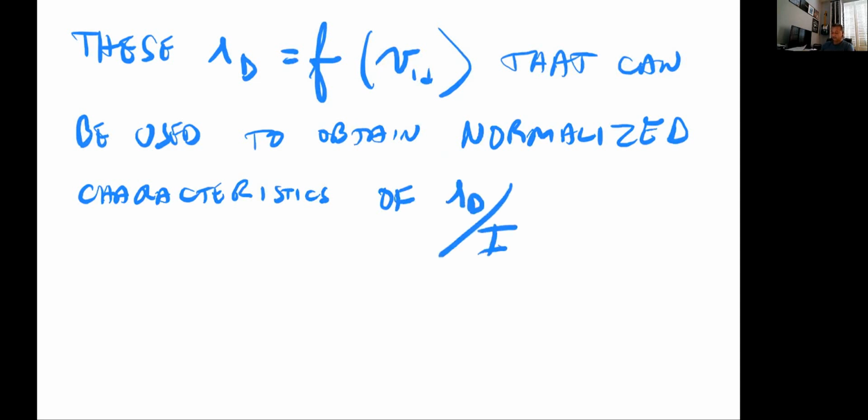So normalizing the drain current to the bias current, and also normalizing the input differential voltage to the overdrive voltage. So that gives me a general framework of design.